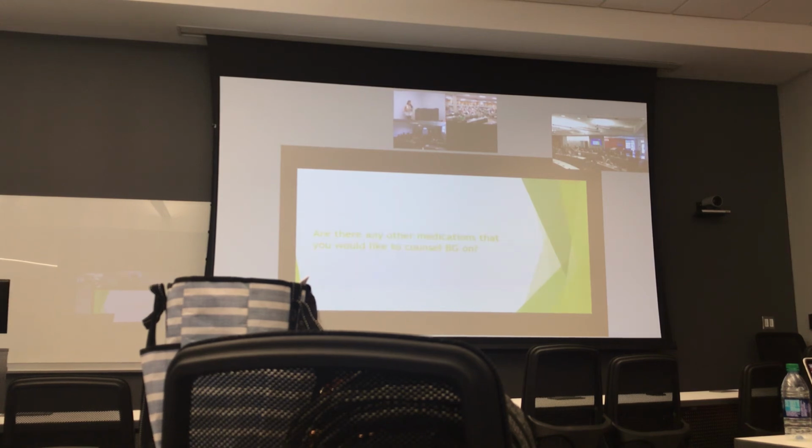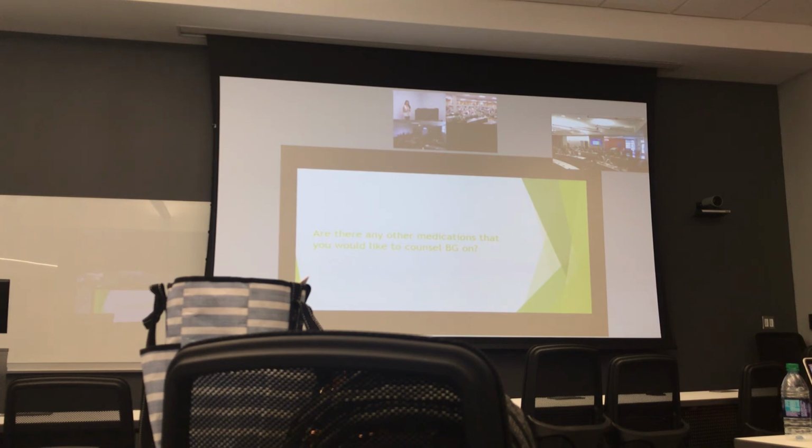Are there any other medications that you want to counsel the patient on? Is that supposed to say vitamin D? Reduce calcium.